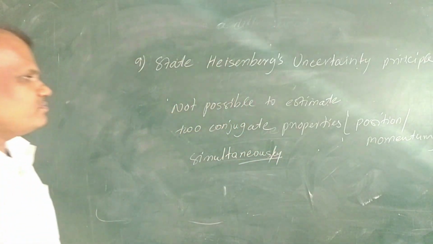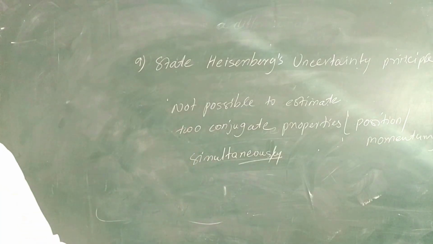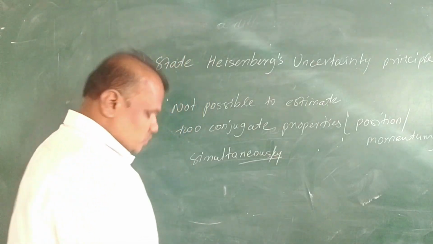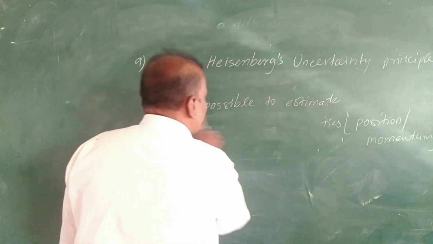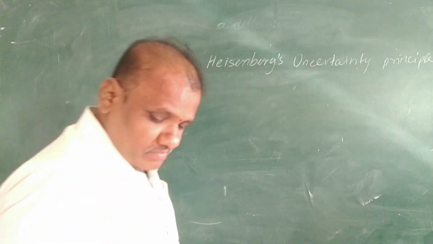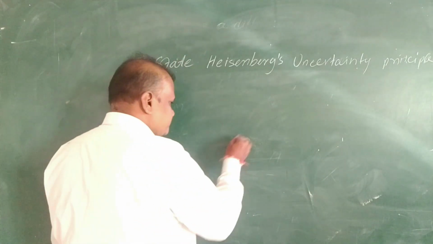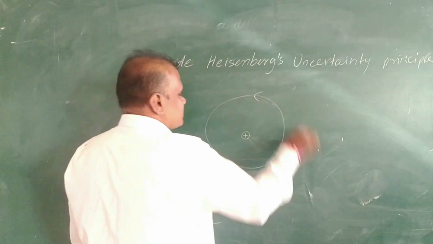That means simultaneous measurement of position and momentum of an electron is not possible. Here I will show you. According to the Bohr atomic model, the electron moves around the nucleus in a circular orbit.